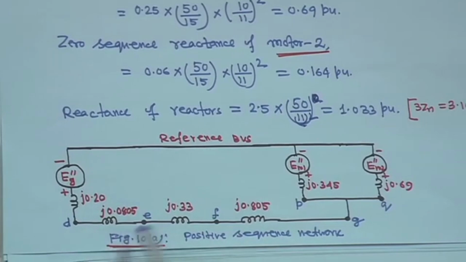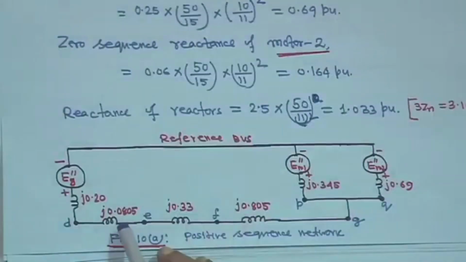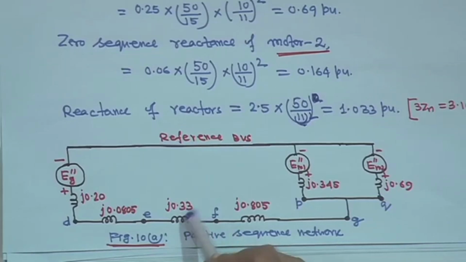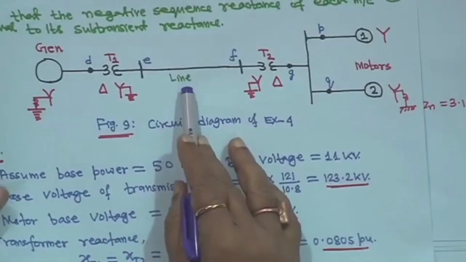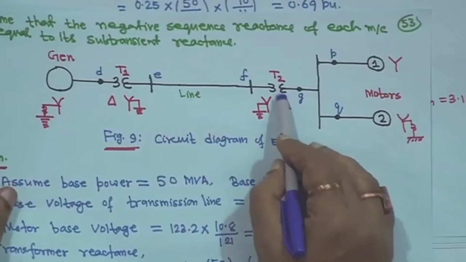Now this one is for the transformer positive sequence impedance. So J 0.0805, which remains the same for negative also. Then this J 0.33 is for the transmission line. Next is for transformer 2, so transformer T2 will come.